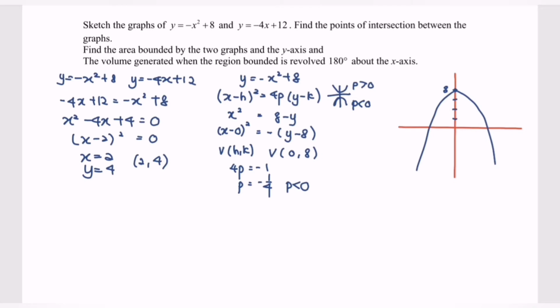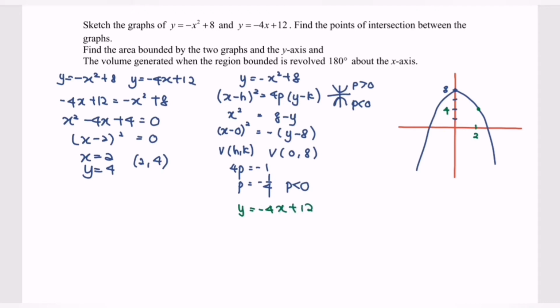Next, we are going to sketch the graph for y equals negative 4x plus 12. So as we all know, we have the point of intersection at (2, 4). So here will be the location. Let's say here is 2, and then here we have 4. So kindly refer to the graph. y equals negative 4x plus 12.